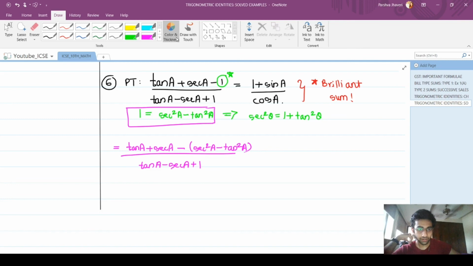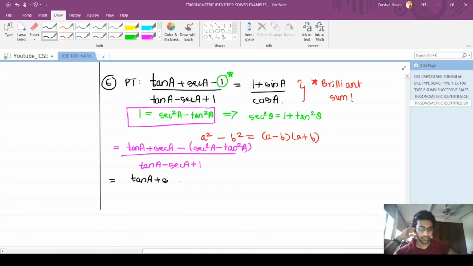Now over here, sec square A minus tan square A is nothing but A square minus B square, and this can be written as A minus B into A plus B. So we will be using this in our next step. This becomes tan A plus sec A minus of, always put big brackets, A minus B into A plus B. These brackets clear your confusion, upon tan A minus sec A plus 1.